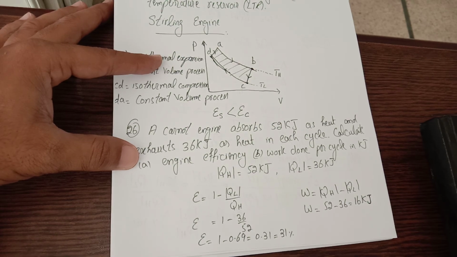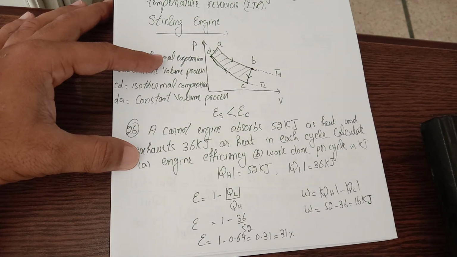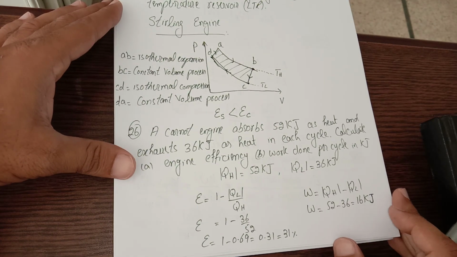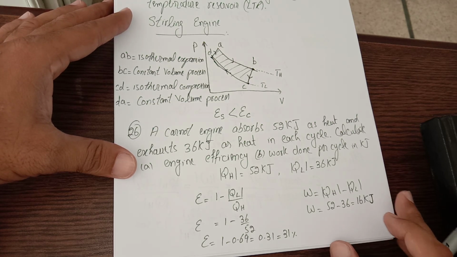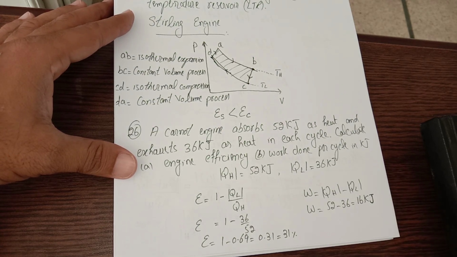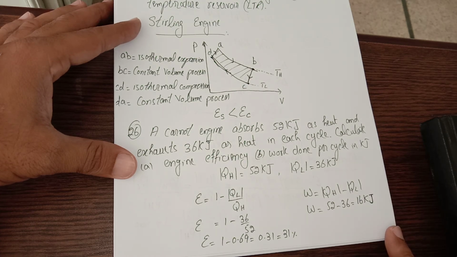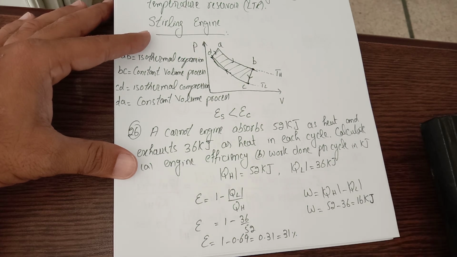Hopefully you have understood this numerical and this whole lecture, which was related to the second law of thermodynamics. The second law of thermodynamics is that the entropy change of a system is greater than or equal to 0, where greater than is for an irreversible process and equal to is for a reversible process. However, in all the practical engines the entropy always increases.